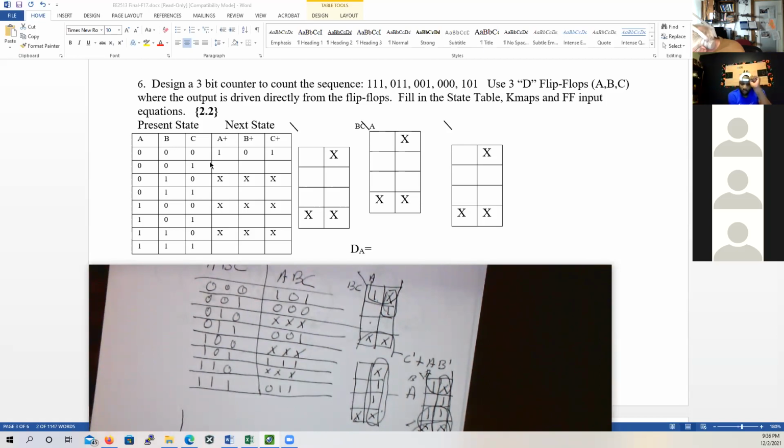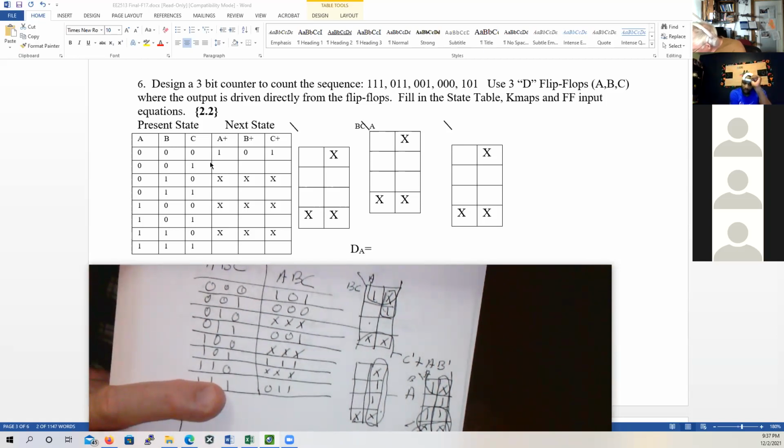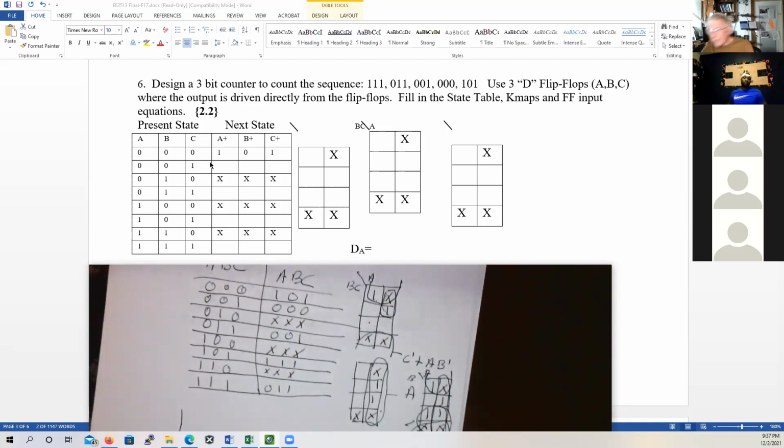Is that right? Would you have to do any reduction here, or do you just want us to use the K maps? The K map should give you a reduction.